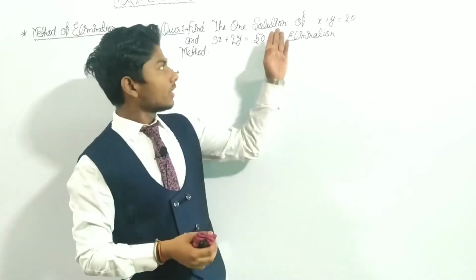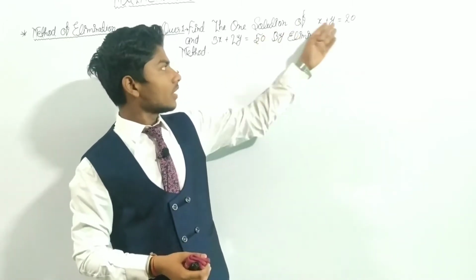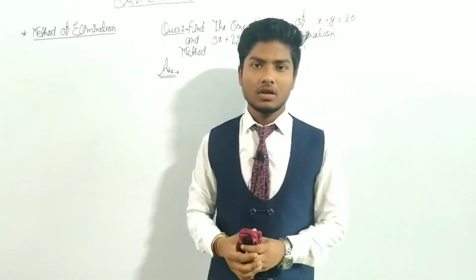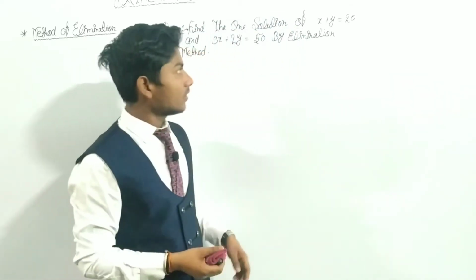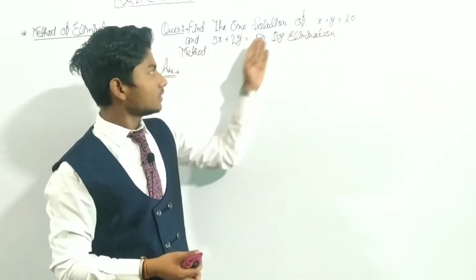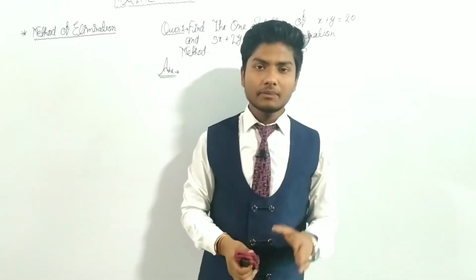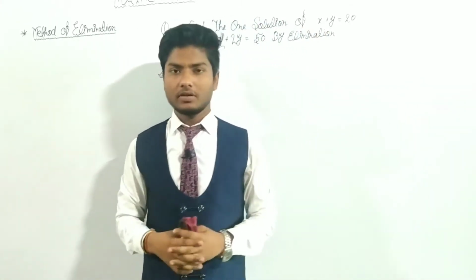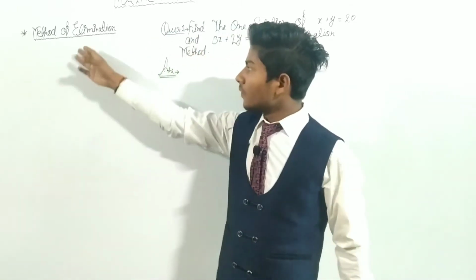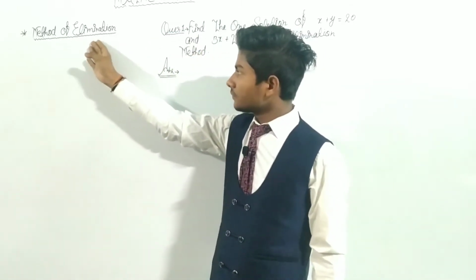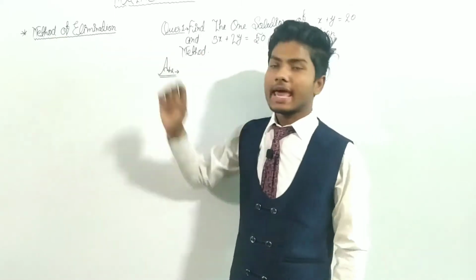If we are given two equations in two variables and we want to find one solution of the two-variable equations, then we apply three methods, one of which is the method of elimination.